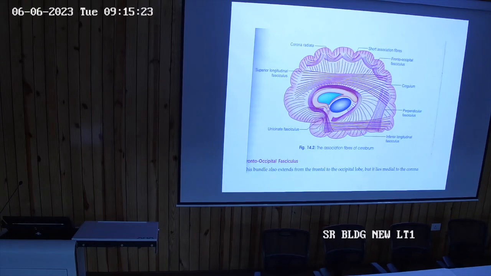The commissural fibers connect the adjacent gyri of the same functional and same origin from one cerebral hemisphere to the other cerebral hemisphere. As you have seen, the corpus callosum connects the two cerebral hemispheres.